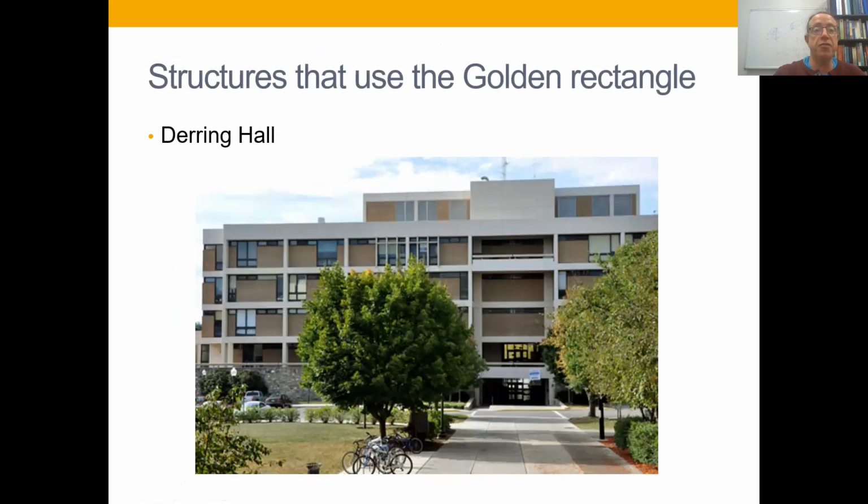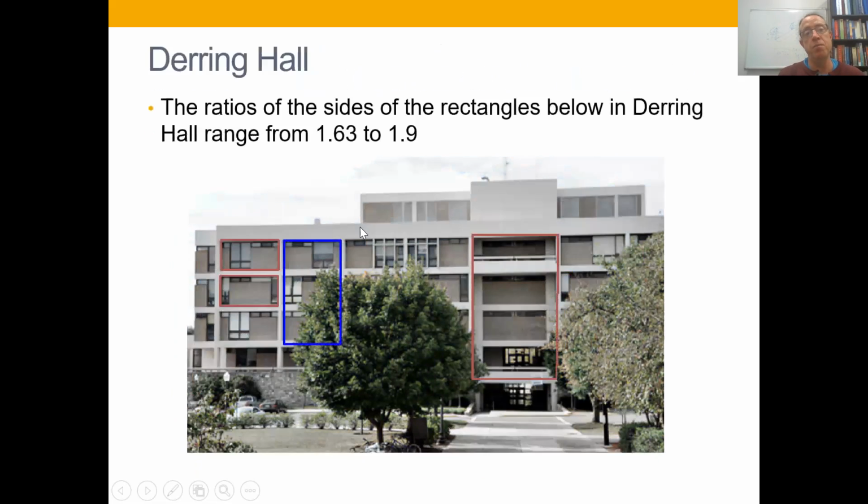There are places in our area, such as Davis Hall on Virginia Tech's campus, that use a lot of golden rectangles. I cut and pasted the picture with some of the golden rectangles that can be found in the building. So the idea is that you design these rectangles where the ratio of the sides is about 1.6, 1.7, somewhere in that neighborhood.